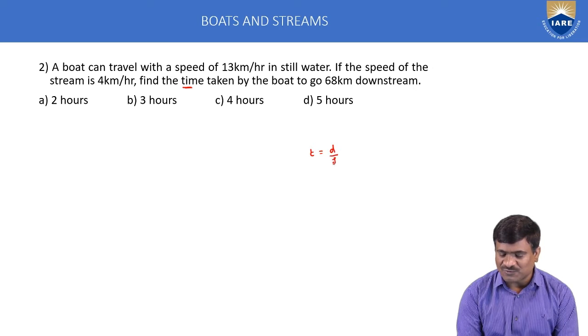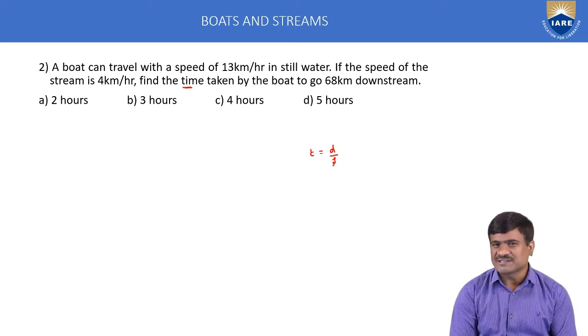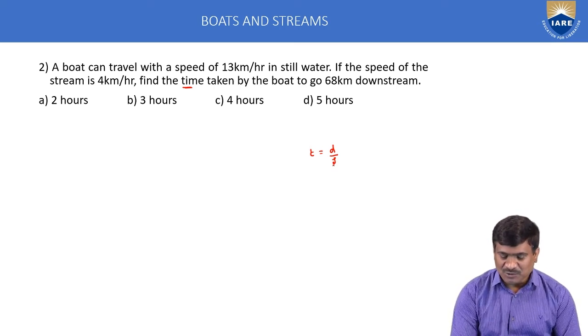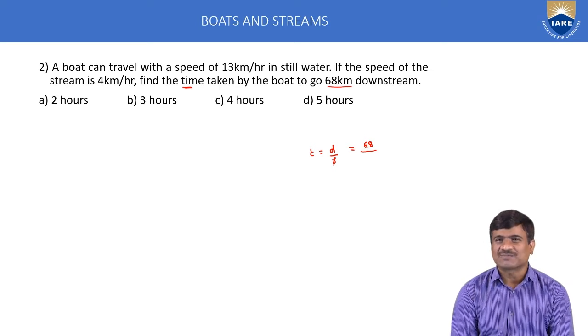This is the general formula, the relation between time, distance and speed: distance by speed. From the problem statement, the distance is 68 kilometers.